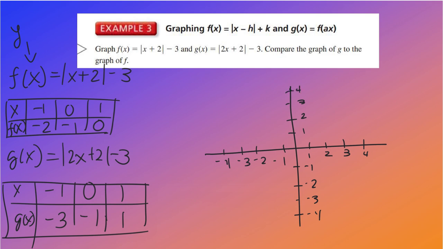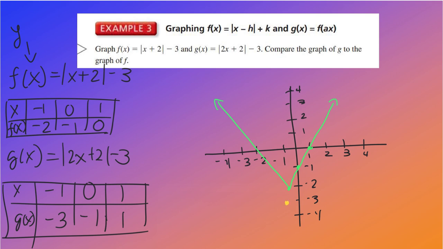Inserting my points, I have (-1, -2), (0, -1), and finally (1, 0). Remember, the absolute value graph needs to look like a V. That's my vertex, correct?